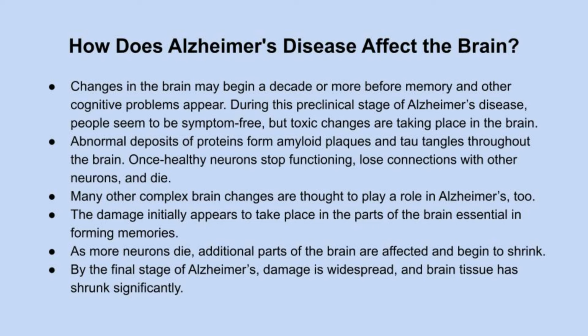The damage initially appears to take place in the parts of the brain essential in forming memories. So as more neurons die, additional parts of the brain are affected and begin to shrink. So by the final stage of Alzheimer's, damage is widespread and the brain tissue has shrunk significantly.